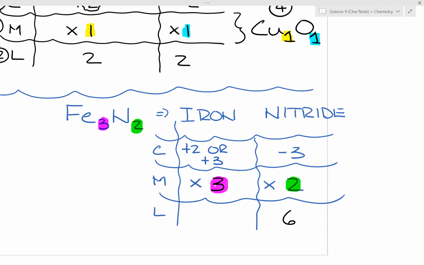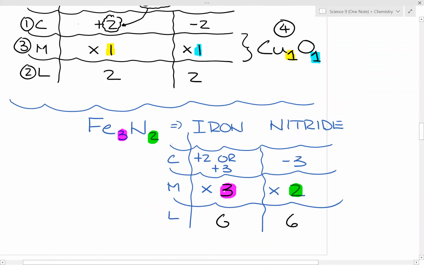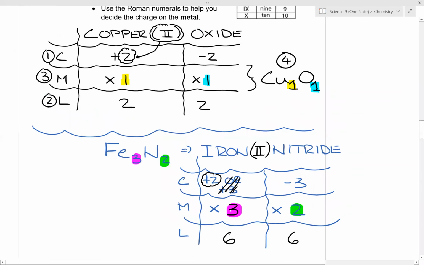Remember, the LCM had to be the same. So this is 6. So 3, what times 3 gives you 6? And the answer is +2. So we can cross this off. So we know it's iron(II) nitride. Okay, so you have this extra step if you have an element with multiple charges.